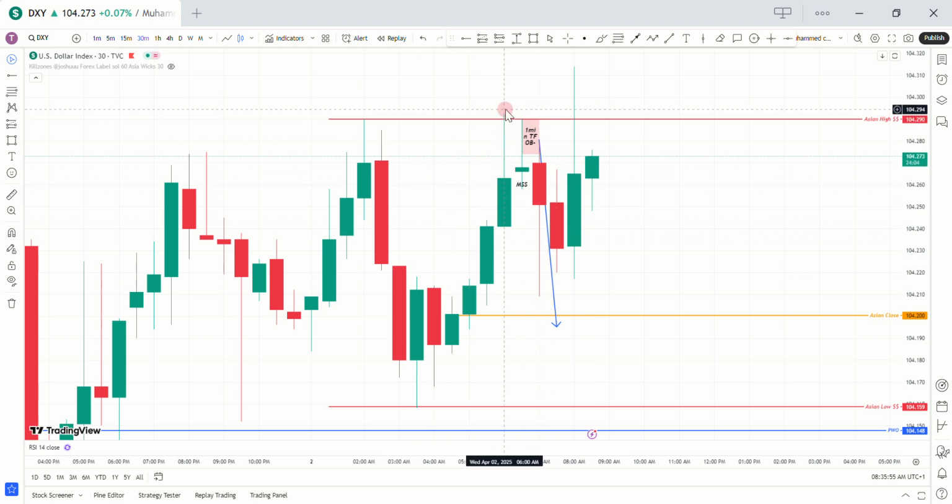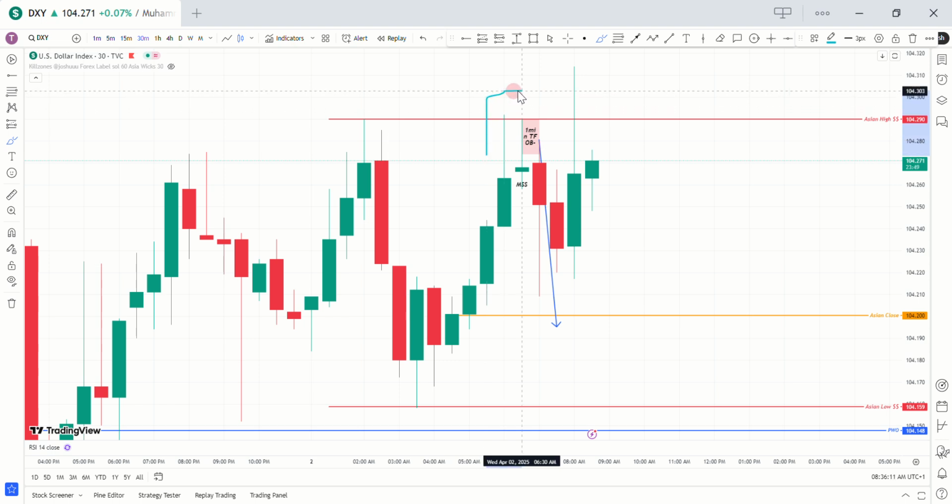Actually, when I came to my table after making all my points of interest, I saw that on DXY, price went directly to sweep the Asian high before London session opening.